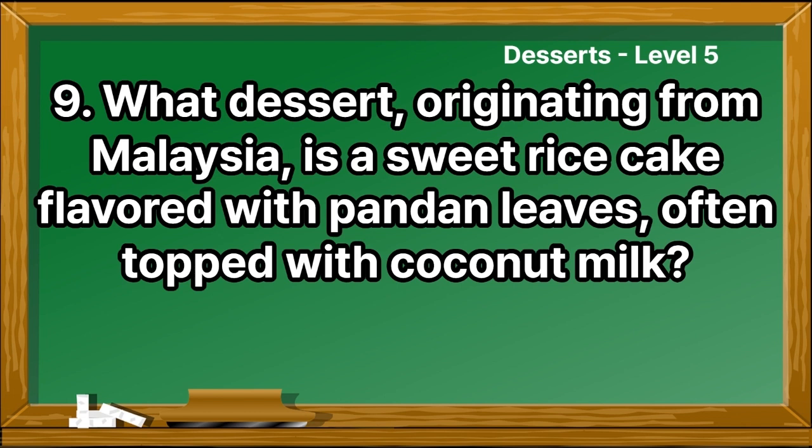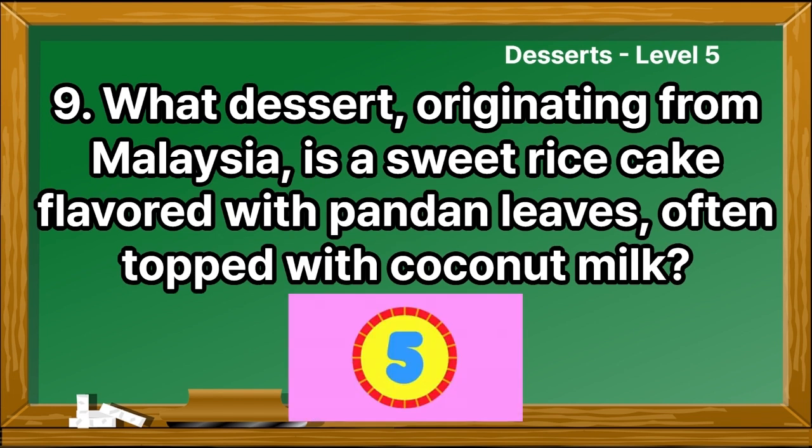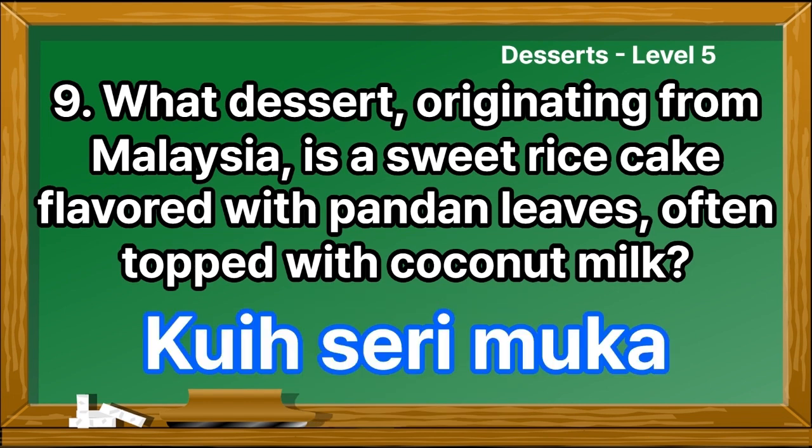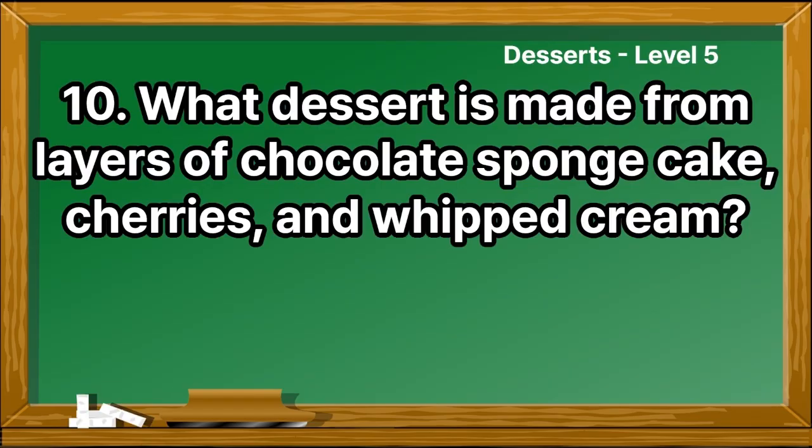What dessert, originating from Malaysia, is a sweet rice cake flavored with pandan leaves, often topped with coconut milk? Kui sari muka. What dessert is made from layers of chocolate sponge cake, cherries, and whipped cream?